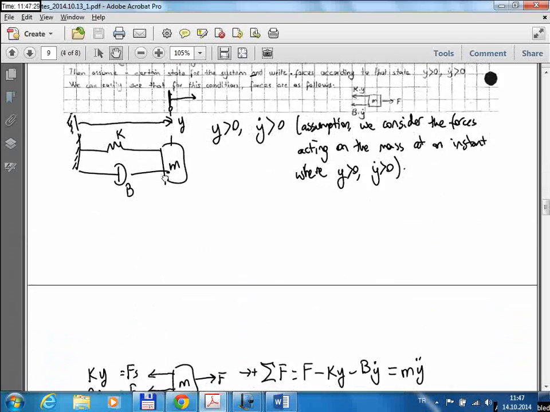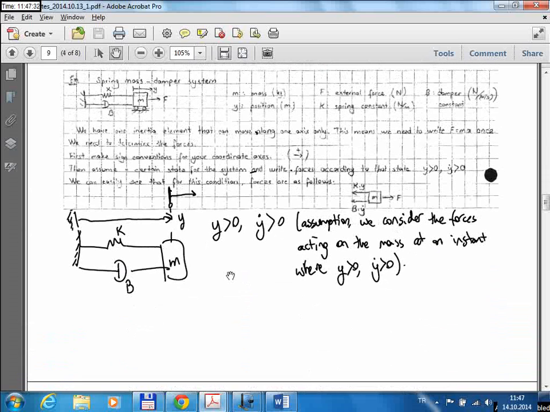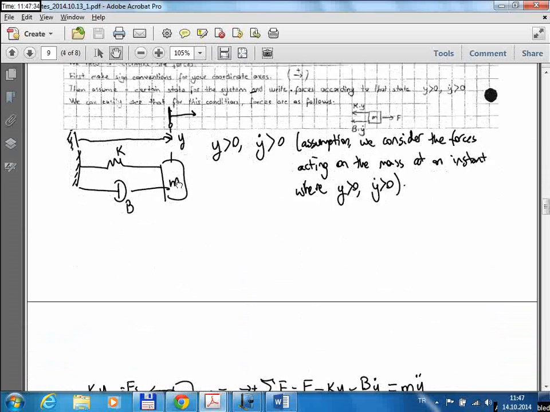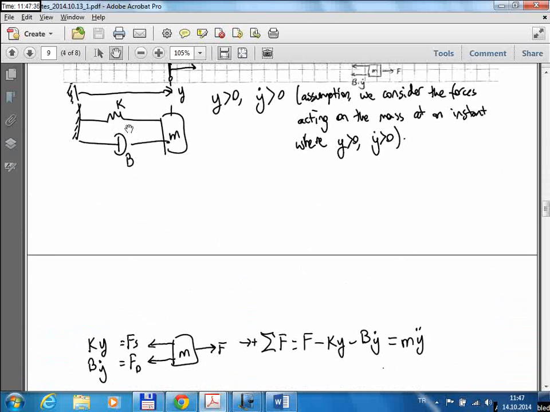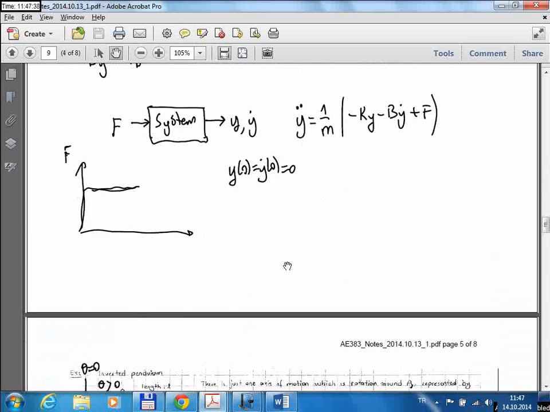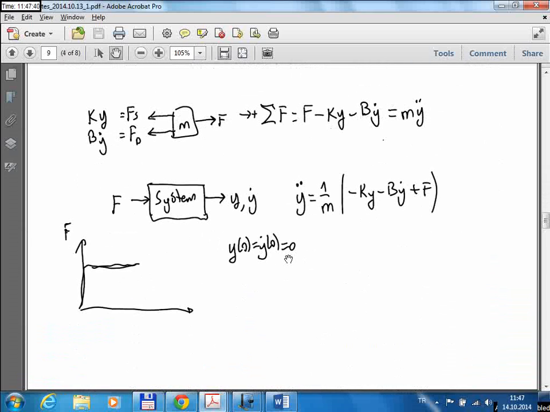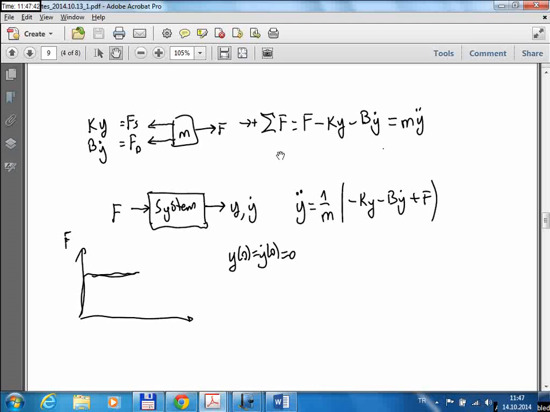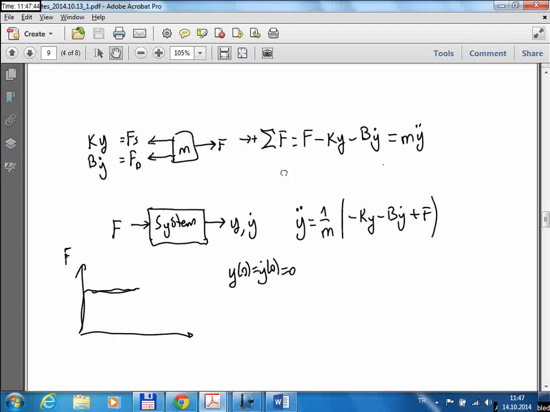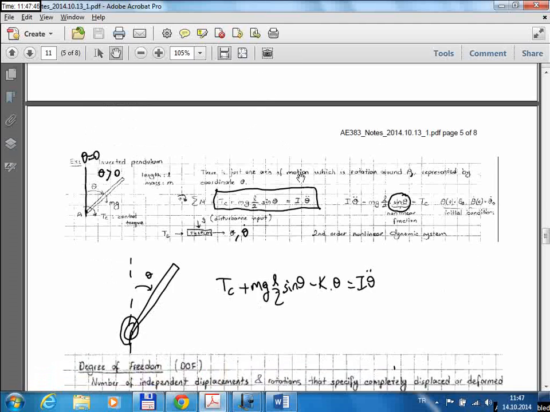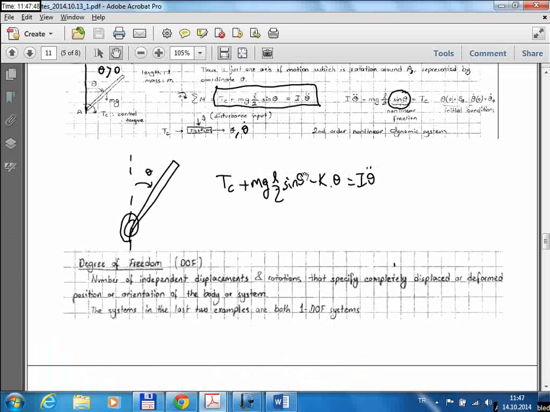So we just solved this simple example where there was a mass connected through a spring and a damper. It's a very simple mechanical system, but it's a very useful system because it contains all the elements used in modeling mechanical systems. And then we talked about degree of freedom.